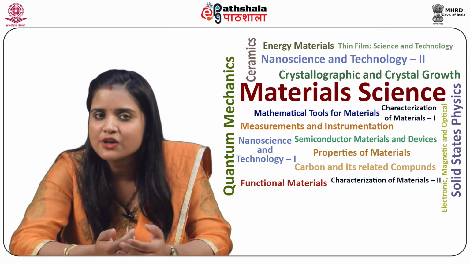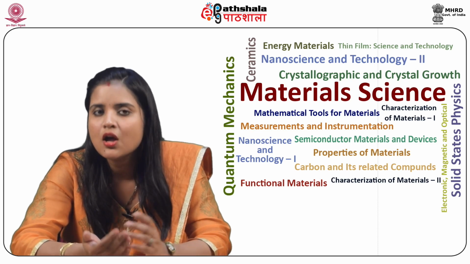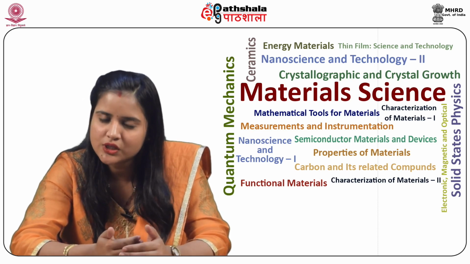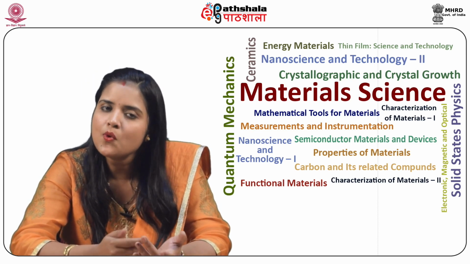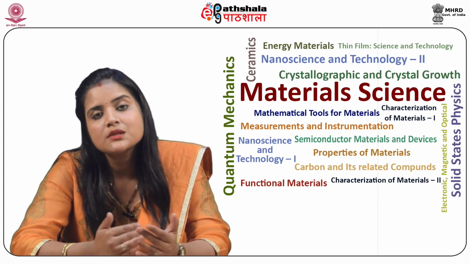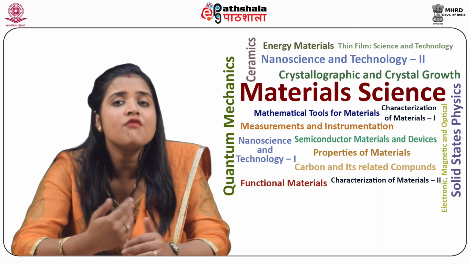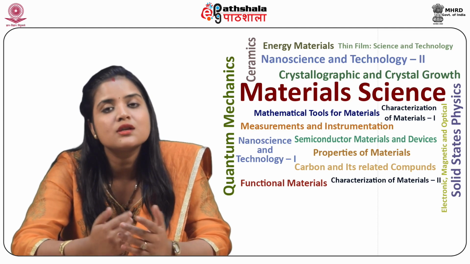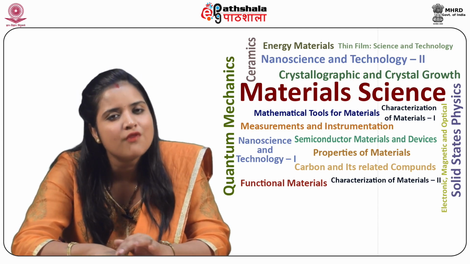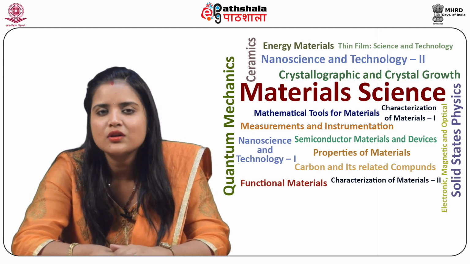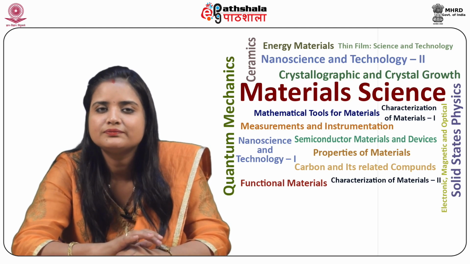If y1, y2 are two linearly independent solutions of the homogeneous equation p0 of x y double prime plus p1 of x y prime plus p2 of x y equal to 0, then search for solutions of the form y equal to y1 u1 plus y2 u2.